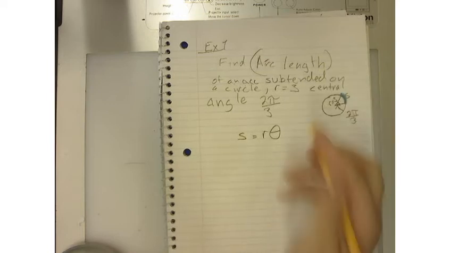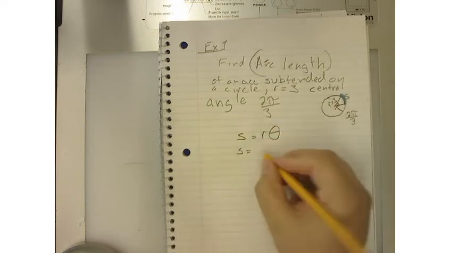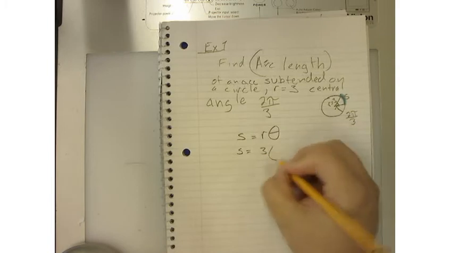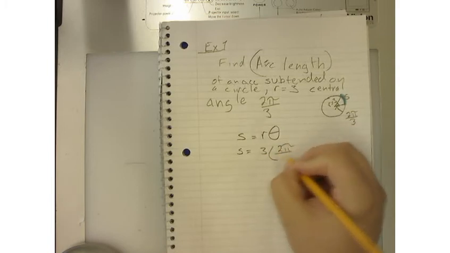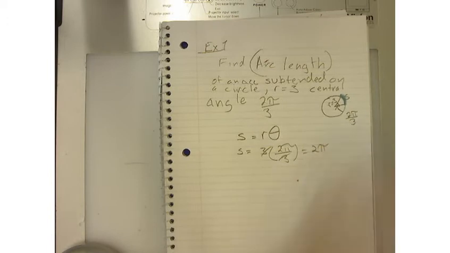It's real simple. I'm going to plug in what I know. S is equal to the radius, which is 3, times 2 pi over 3. Here the 3's cancel and I get 2 pi. And that's pretty much the answer for example number 1.